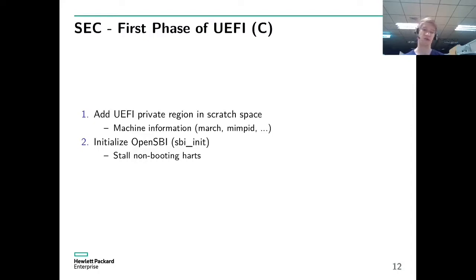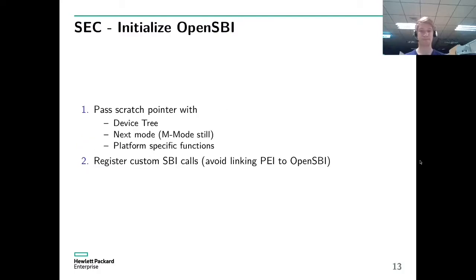And then we initialize OpenSBI. For the booting hart, we continue, and the other non-booting harts we stall, which are going to be started later. But UEFI isn't really multi-threaded, so we just use one hart.